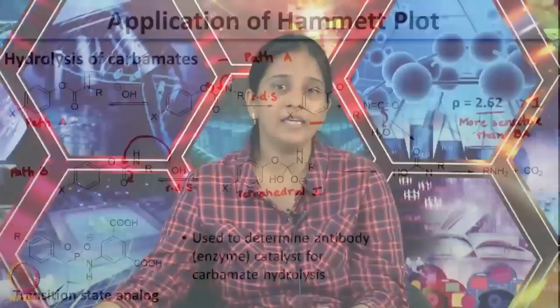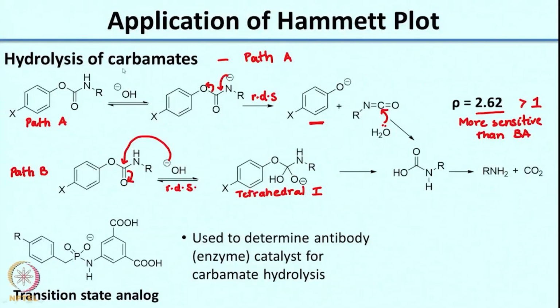Now, that enzyme was chosen to be the catalyst for the reaction above, which is hydrolysis of carbamate. The logic being that because this is so similar to the transition state shown here, the energy for this transition state would be significantly lowered as compared to the transition states in pathway A. So, with this idea, the enzyme which stuck best with the transition state analog was taken and the selected catalyst was used for carbamate hydrolysis.